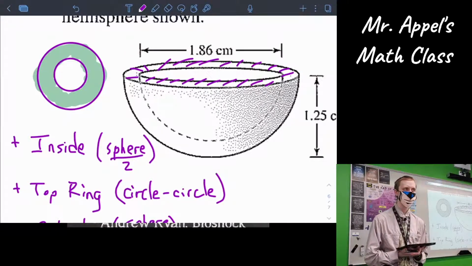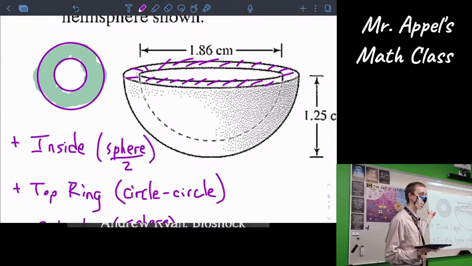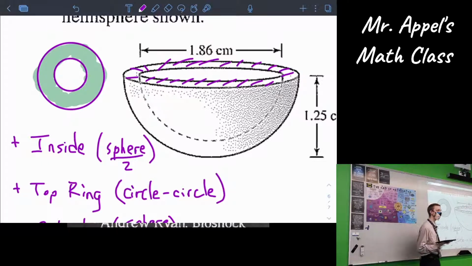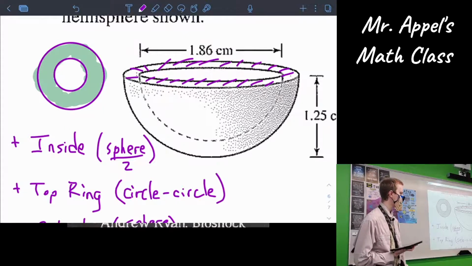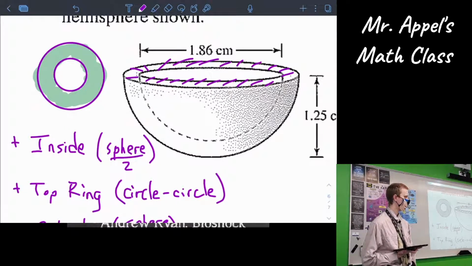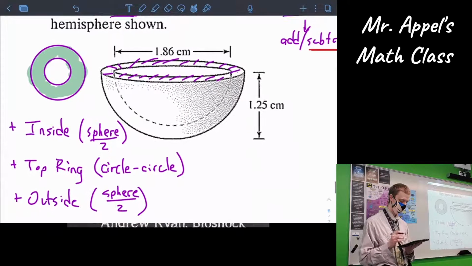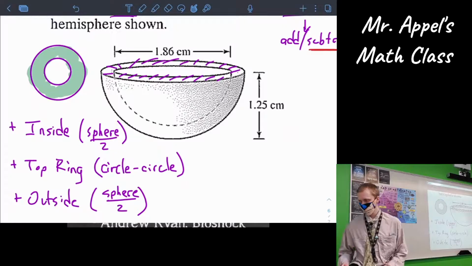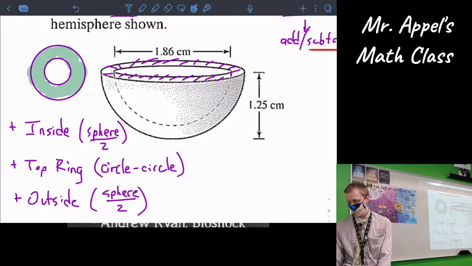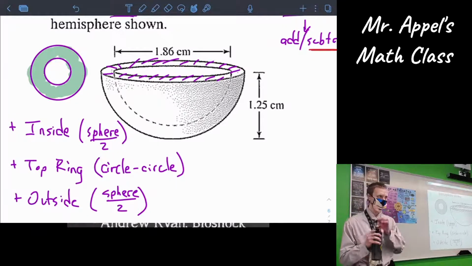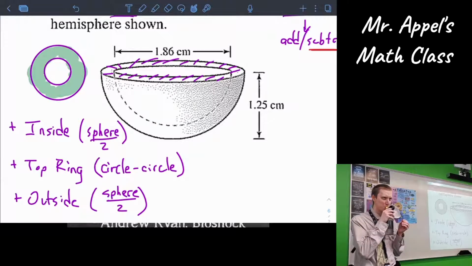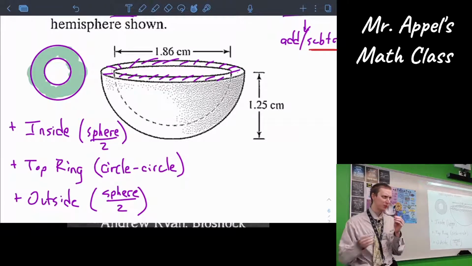And that's where the subtraction comes in, right? We've got to now subtract one circle from the other to get that part. Any questions so far?